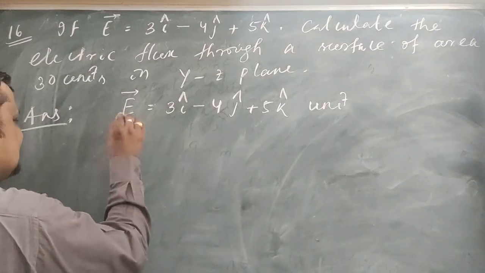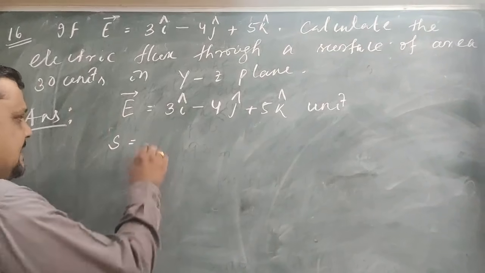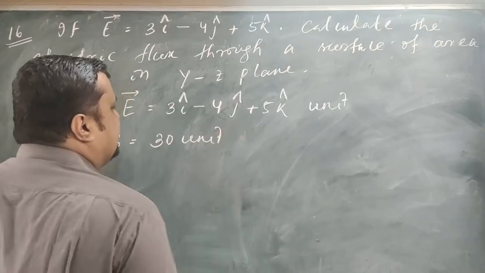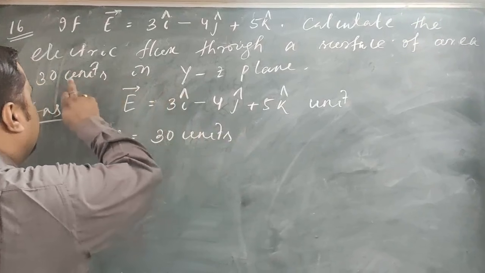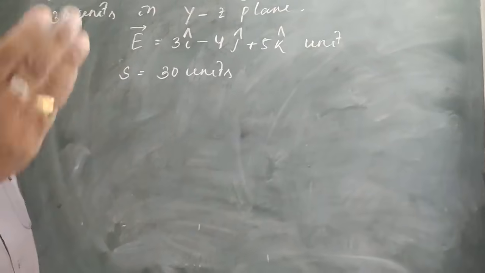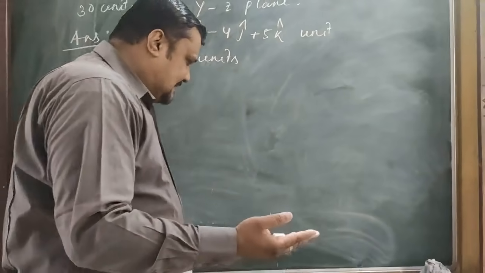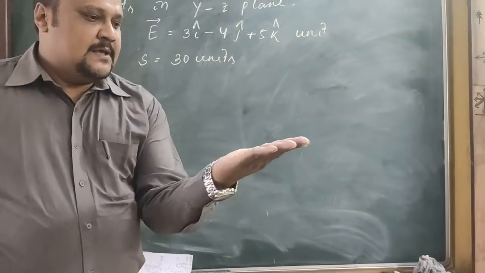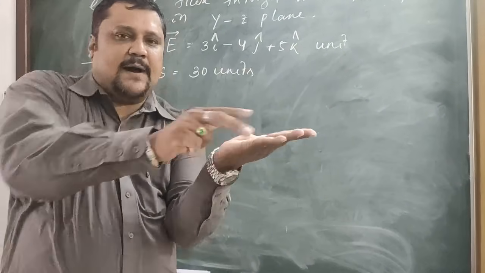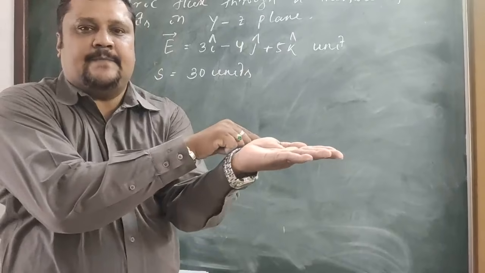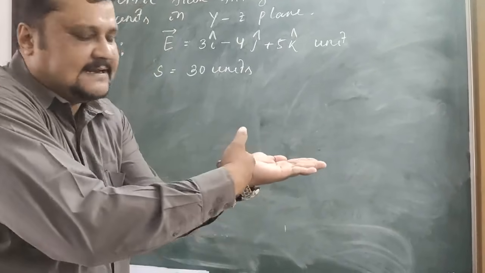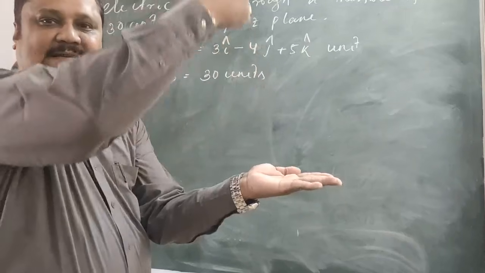Take this area as S. The magnitude of this is equal to 30 units, and the surface is in the YZ plane. So let me go through the area vector again. An area of 30 units in the YZ plane: let this be the Y axis, this the Z axis, and this your X axis.